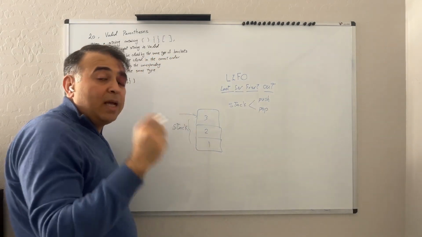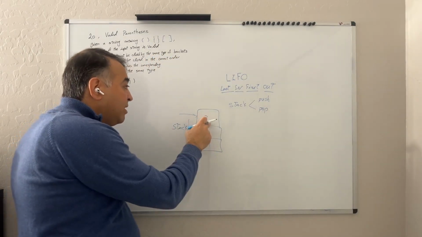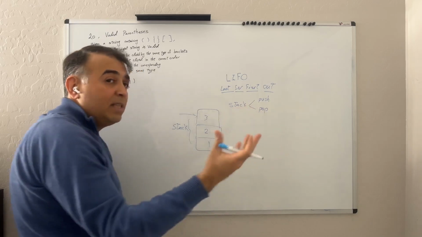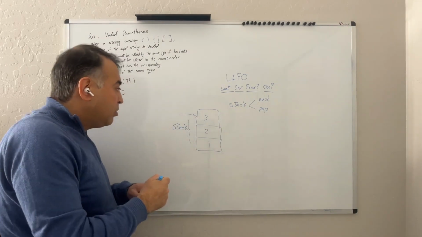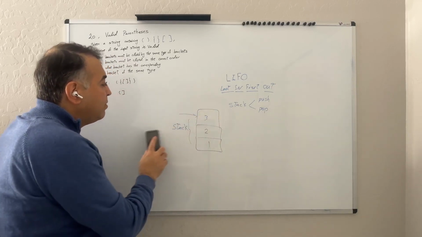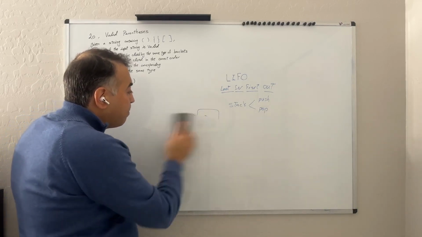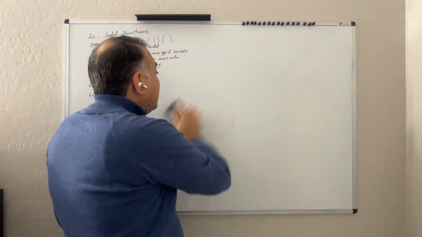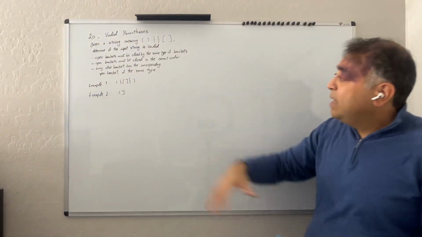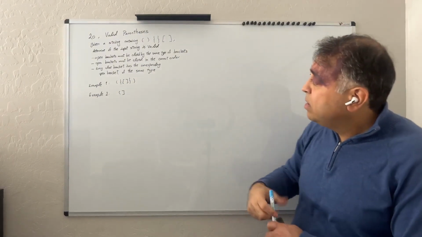Push puts an item at the end of the data structure, and pop fetches the last item that we have in the data structure. So this is the structure that we are going to use, and by using it, you will see that solving this problem is really simple.